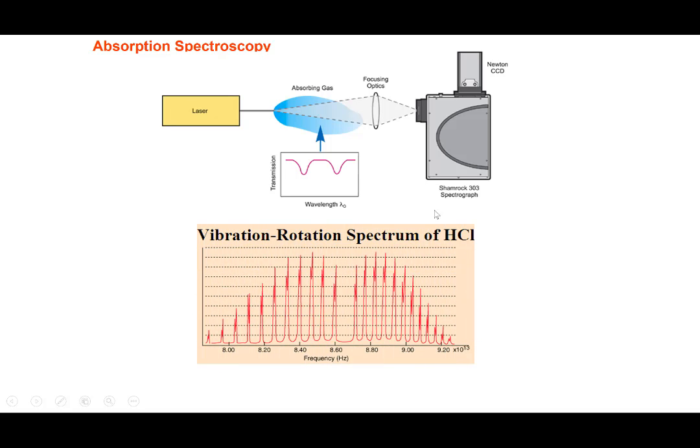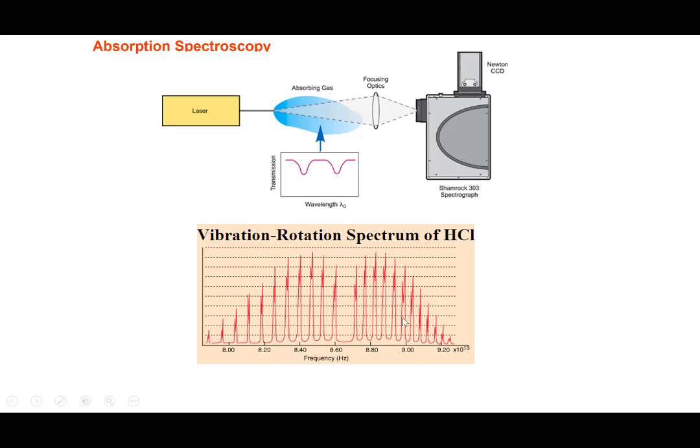For example, for HCl, you could see a spectrum like this. Of course the frequencies are very high, the wavelengths are in microns, so you could see a response like this here.